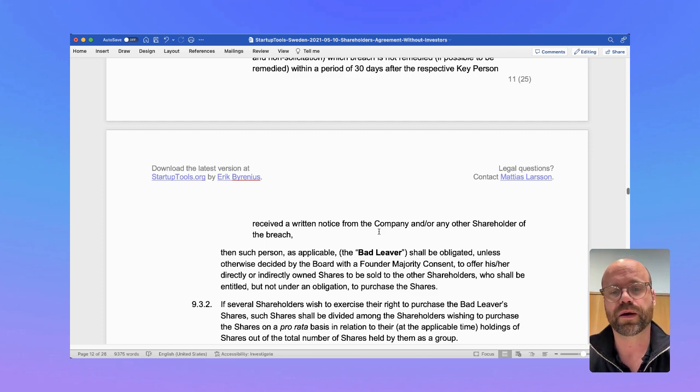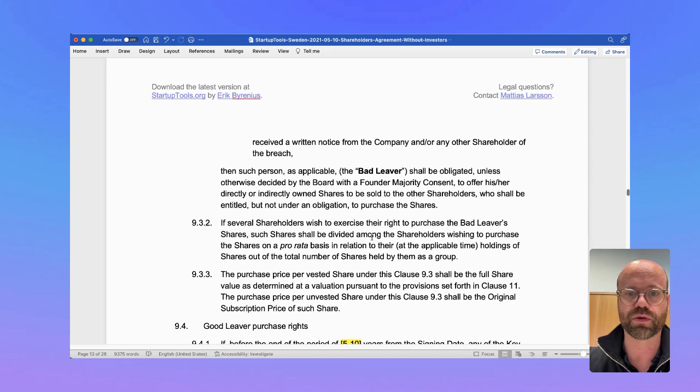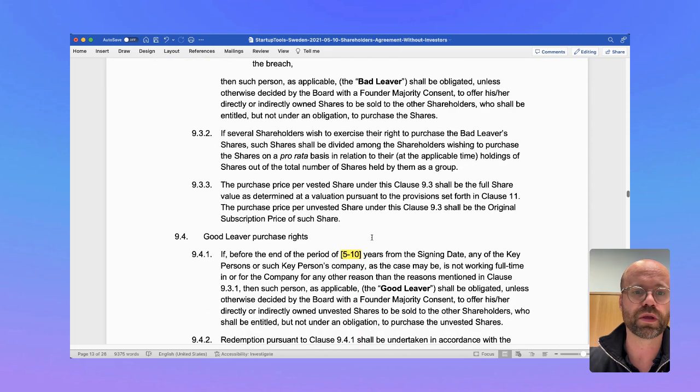Different shareholders agreements will have different definitions of this, but typically a bad leaver will have to give up shares at a lower price than a good leaver will. Sometimes a good leaver might even be able to keep all of their shares, or parts of it. So good leaver and bad leaver are two common shareholder agreement terms.